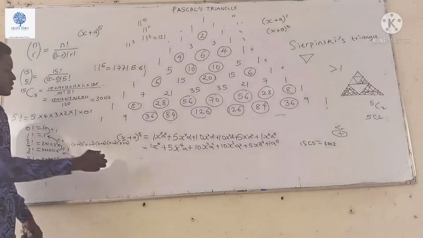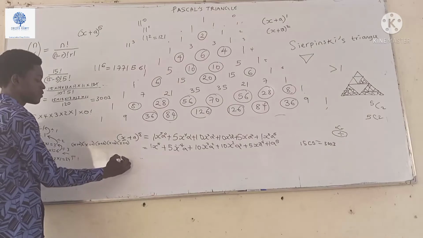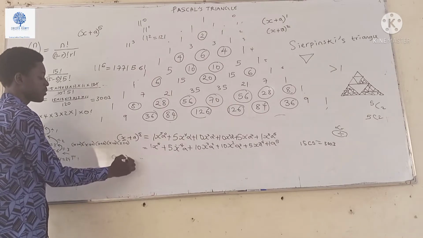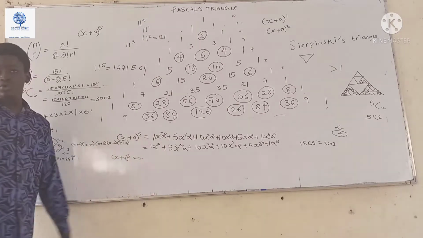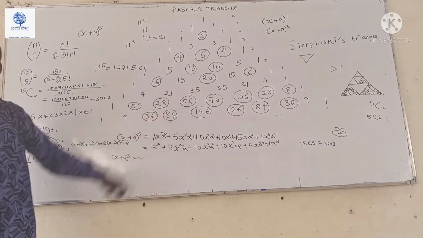Should in case you are given to find, let's say, x plus a to the power of 3, without doing too much calculation, look at the Pascal triangle. What do you think we should get?